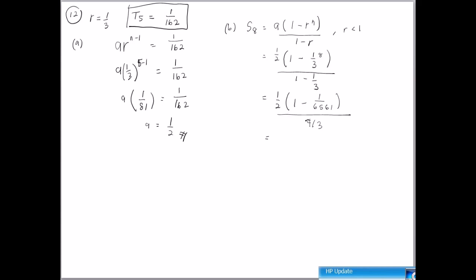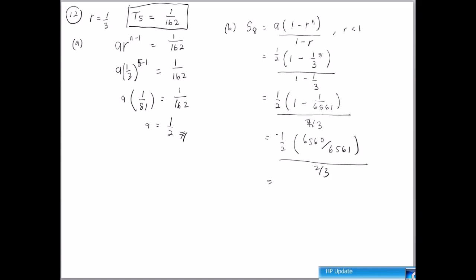Sorry, not 4 over 3, 2 over 3. Okay. 1 minus 1 over 6561 is 6560. 6560 over 6561.